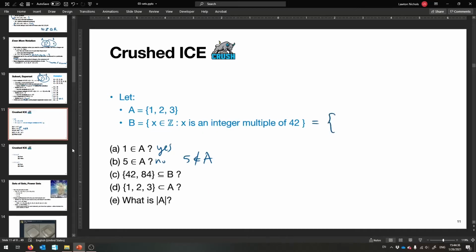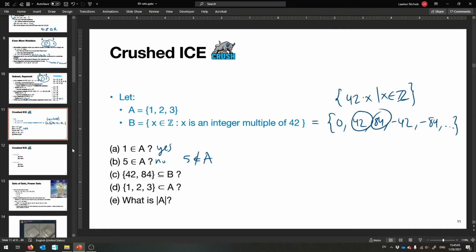So that is 0, 42, because that's 1 times 42, 84, because that's 2 times 42, negative 42, because that's negative 1 times 42, and on and on and on. I think you can see the pattern now. So it's just 42 times x. It's that set for all x in the integers. Written another way, yeah? And I think you can see, yeah, 42 is right there, 84 is right there. It's totally a subset.